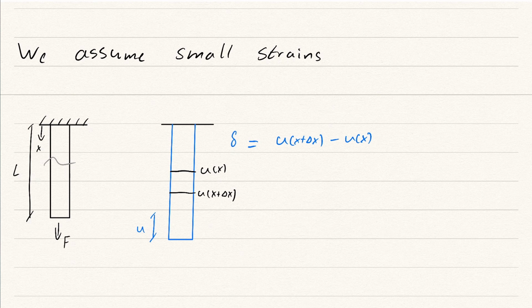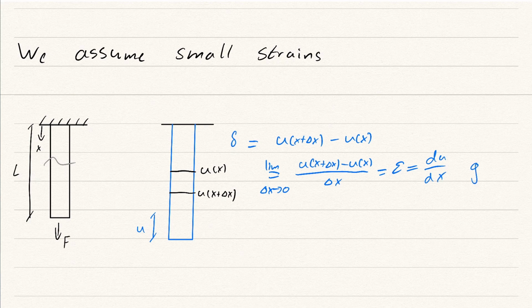And again, if we go into the limit, delta x tends towards 0, we will get u of x plus delta x minus u of x over delta x, and this will be something we called epsilon, which is the strain, and it's basically du dx.